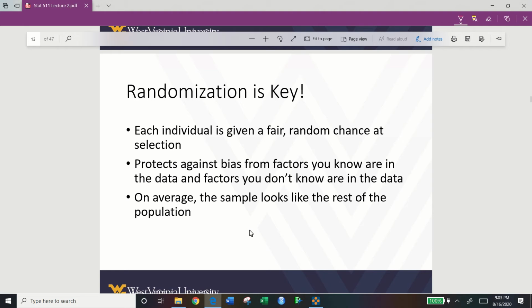Well, go back to our polling example. If we take a list of all registered voters and randomly pick, say, 1,000 voters from the United States, yes, you're going to have some that come from Texas. You're also going to have some voters that came from California. That is some of the bias that you know.